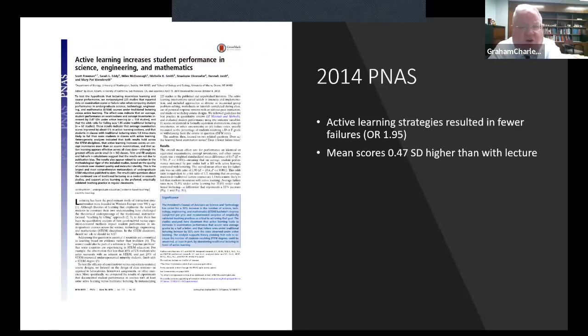So let me start by looking at this idea that active learning is better with this study.